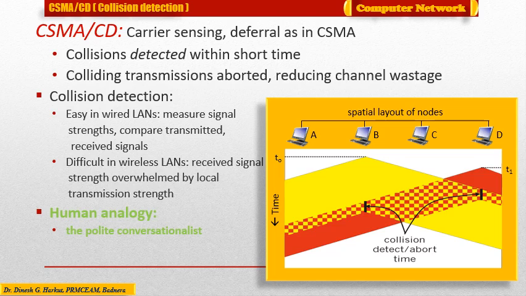At this instant, when node B and node D detect the collision, in a very short duration of time after this, both nodes involved in the collision cease the transmission.